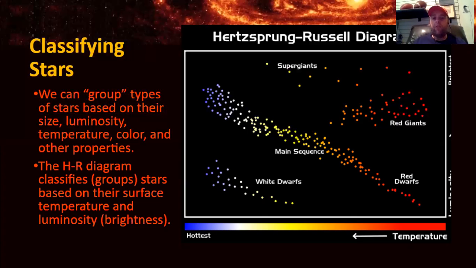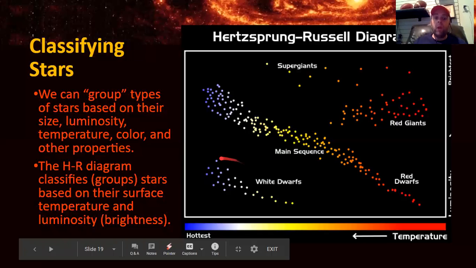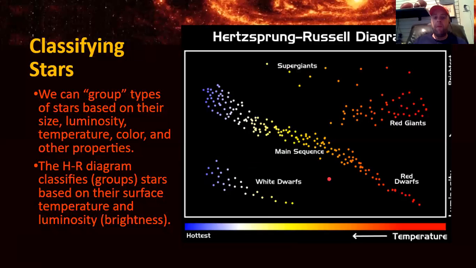The HR diagram actually classifies stars based on temperature and brightness or luminosity. And when you take a big sample of all the stars out there and you put them on this graph, you can see these groupings. The main sequence, which is about 90% of all stars, are in the main sequence stage, burning hydrogen into helium. You have this small collection of not very bright, but really hot white dwarfs, the end stages of low mass and medium mass stars.